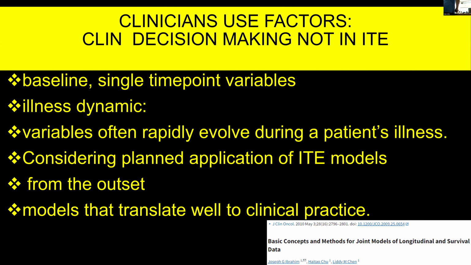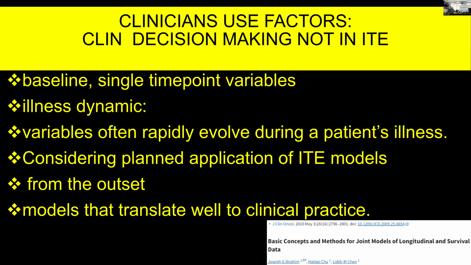So if you have a model based only on the baseline, where the Apache score is the day one age, gender, sodium, potassium, creatinine, lactate, but you are constantly evolving over time. Some people may rapidly improve, some people may rapidly worsen. You can't say that they are both the same based on the baseline Apache.